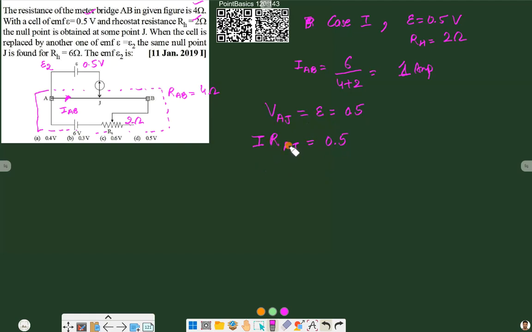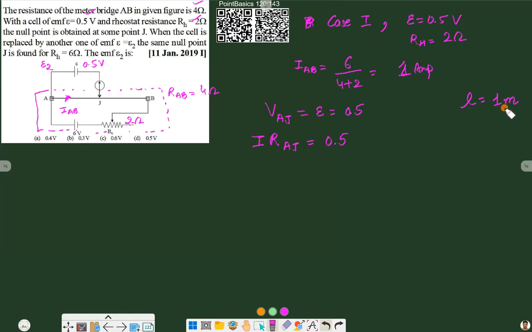Now how will we find the resistance of AJ? We know that the resistance of wire AB is 4 ohm, and assuming this whole wire is 1 meter or 2 meter, whatever you can assume, just keep that value constant throughout the question. We are assuming that the length of the wire is 1 meter.